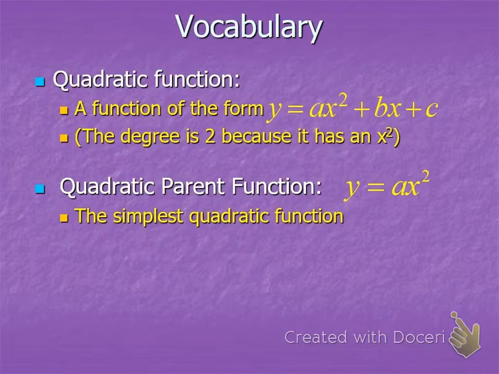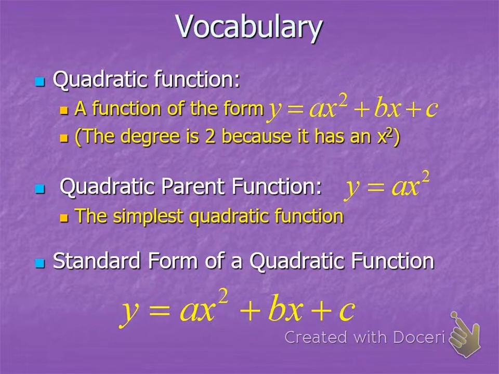So y equals ax squared, but even more to the point, the simplest version is when a is 1. So y equals x squared would be the parent function. We'll talk about an adjusted parent function when a is something other than 1, but that's your parent function, right? Every other function can be created from that parent function.